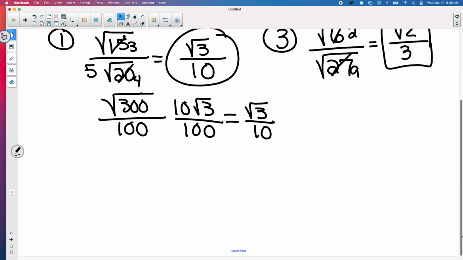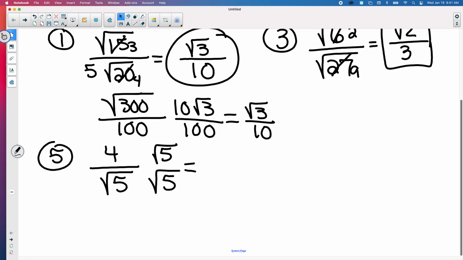Then let's go to number 5. Alright, so at number 5 there is no radical on top, so there's nothing I can do there. So what do I have to do to get rid of that radical 5 on bottom? Multiply top and bottom by radical 5.